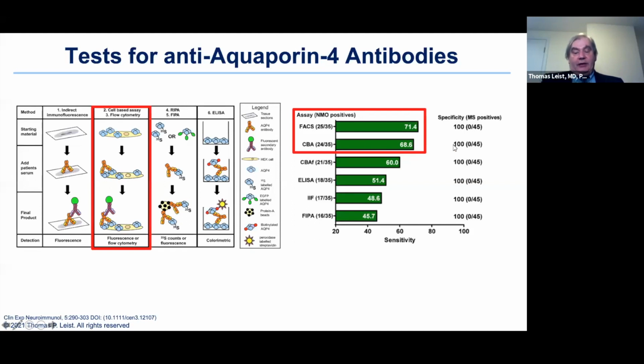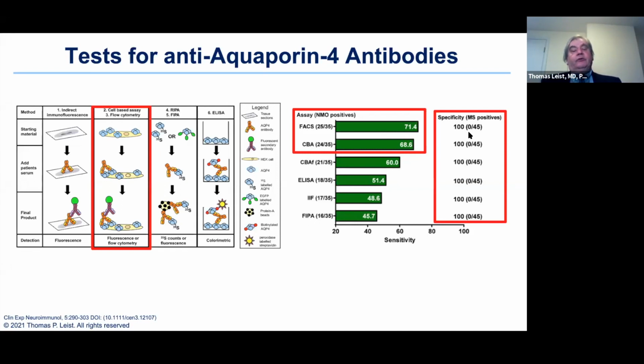There is a second important point here on the slide, and that is the fact that none of the MS patients that were in this sample or were tested here was positive for this NMO IgG antibody, for this anti-AQP4 antibody. So the anti-aquaporin 4 antibody is really specific for neuromyelitis optica.